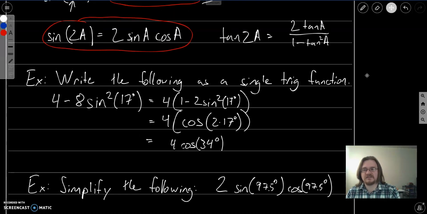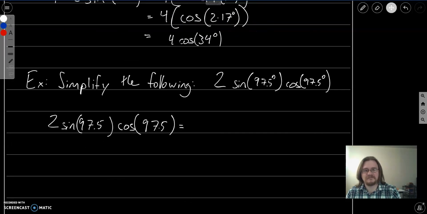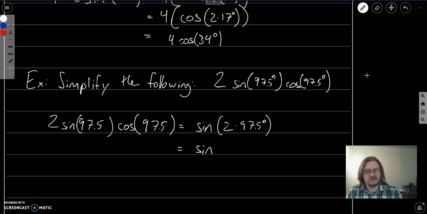Using our formula up here, this is going to be sine of 2 times the angle inside. So this is going to be the sine of, 2 times 97.5 should be a 195-degree angle.